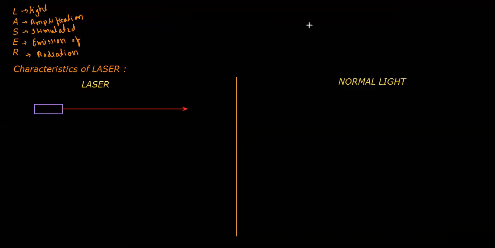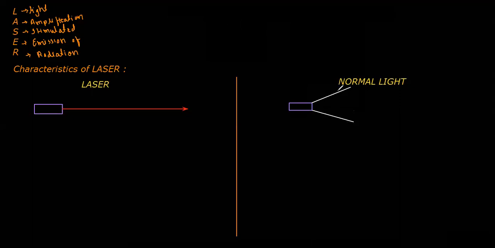Let's take an example of a torch. Let's say this is a normal torch. How does it differ? This is something that you already know. The torch spreads light this way.